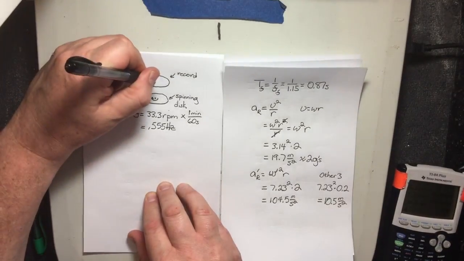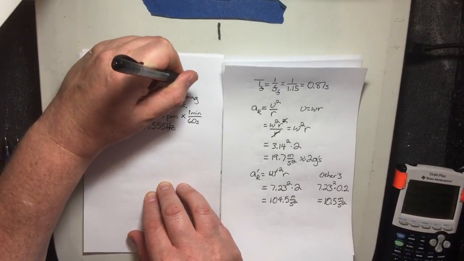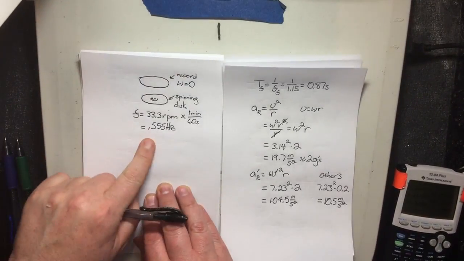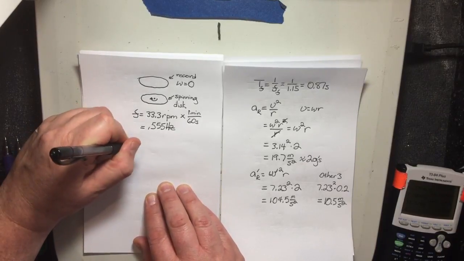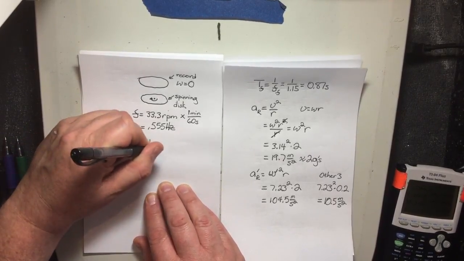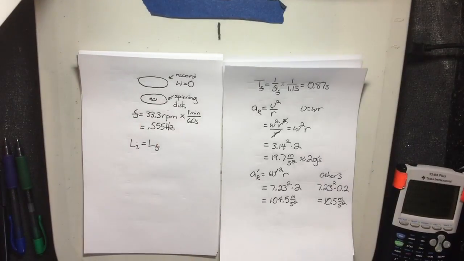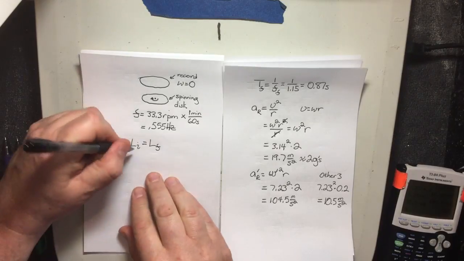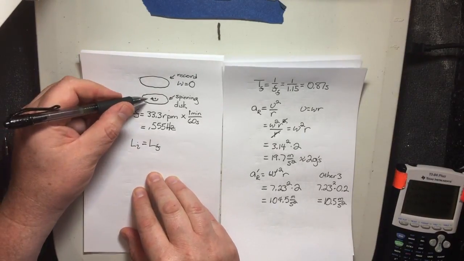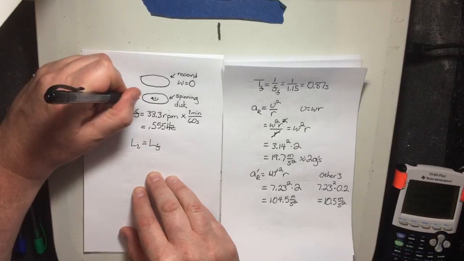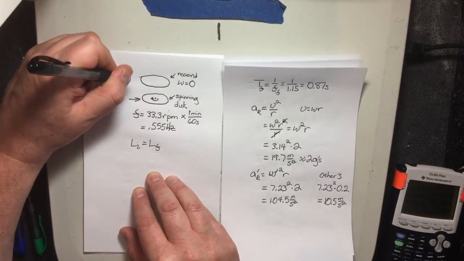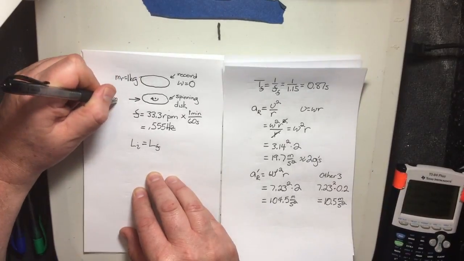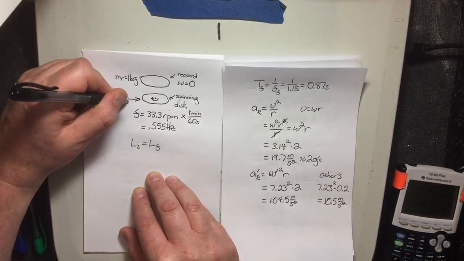The record is initially at rest. The spinning disc has a frequency of 0.55 hertz. So once again, the angular momentums are conserved. Initially, the only thing that's moving is the spinning disc. The mass of the record is 1 kilogram. The mass of the disc is 5 kilograms.